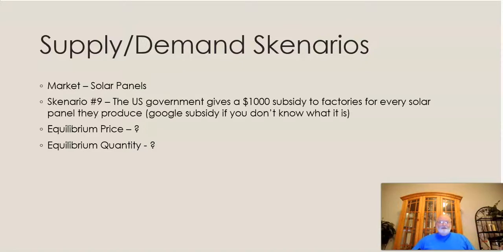Scenario number 9. This is actually a quite common example. A subsidy is the opposite of the tax. That is where the government gives a business money to make something. So they're giving solar panel companies $1,000 for every panel they make. If you want a solar panel, that doesn't affect you directly.